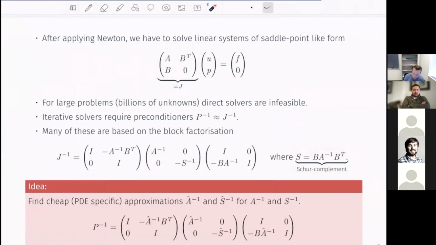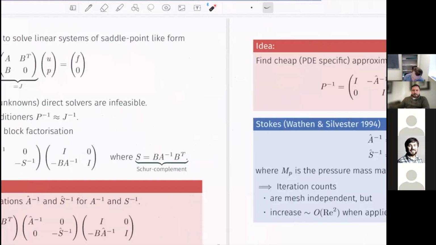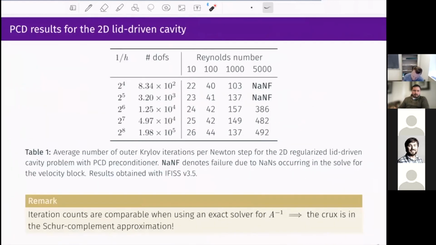And it means that if we're using an exact solver for A inverse, but some approximation for S, and the algorithm fails, then it's the approximation to S that is our problem, right? Because everything else in the pipeline was exact. So we have clear proof that the difficulty lies in approximating the Schur complement when trying to solve the Navier-Stokes equations.